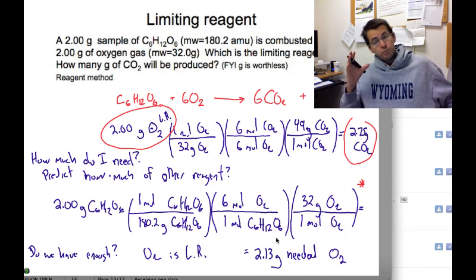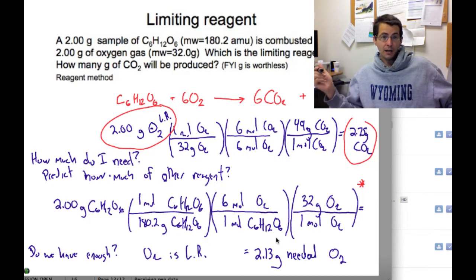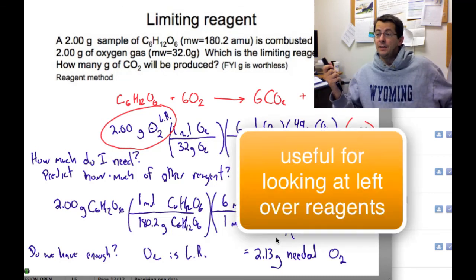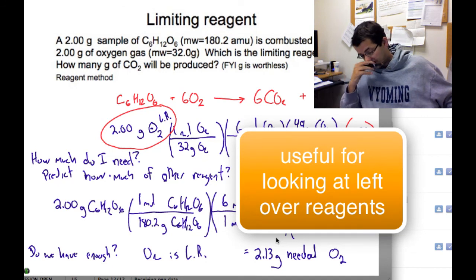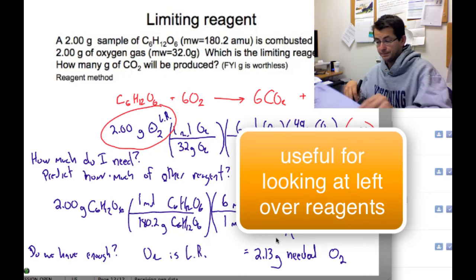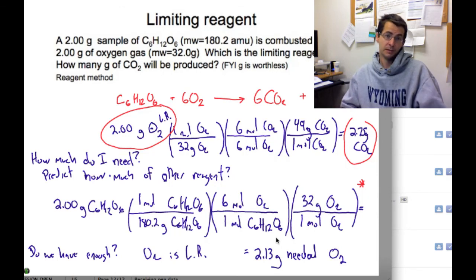It's also reagent focused, so rather than looking at the products, if you weren't really caring about the products right away, or you were asked to measure amounts of reaction, then the reagents would be the focus. It's just an alternate method. Whichever way works for you works just fine. So those are limiting reagent problems. Find the limiting reagent, use the limiting reagent to answer the problem.